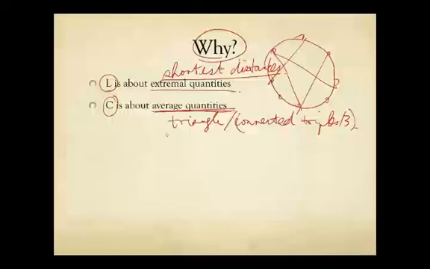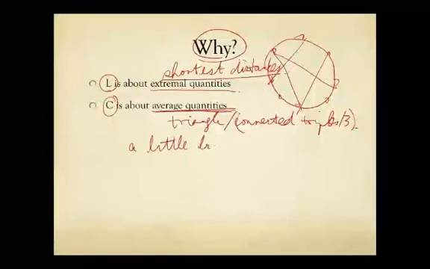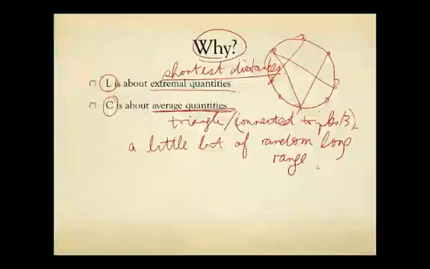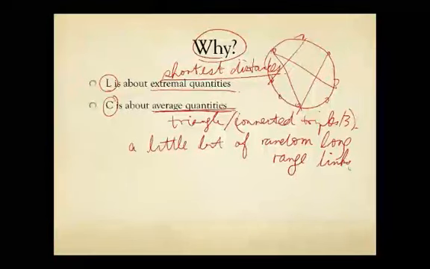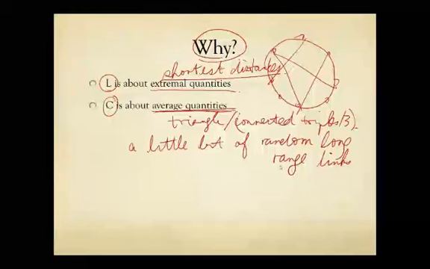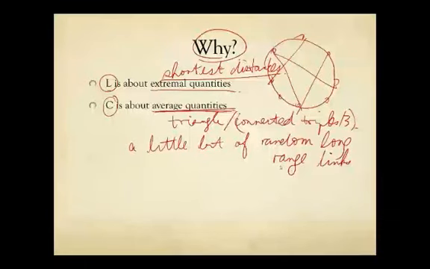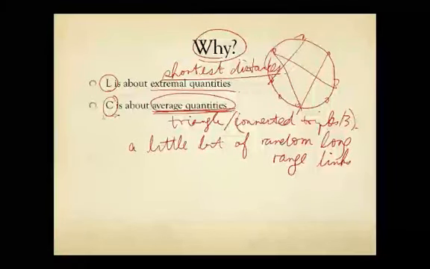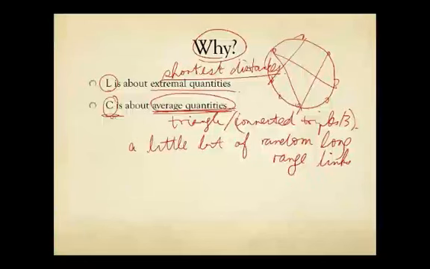And there lies the fundamental reason why the Watts-Strogatz graph, or the idea of a little bit of randomization, a little bit of random long-range links, suffices. The reason is that a little bit of randomization leading to some long-range links is not enough to destroy an average quantity, and therefore you still maintain the large clustering coefficient of a regular graph.